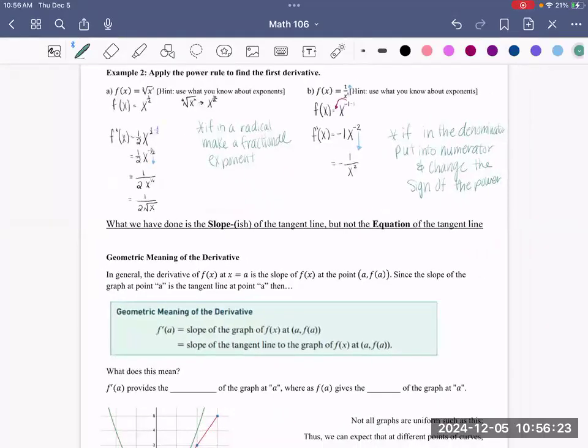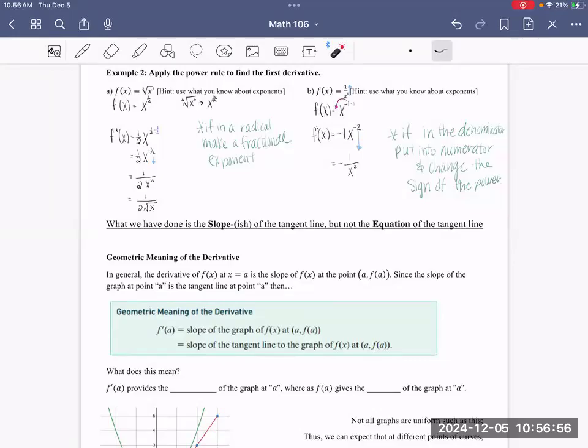So what we have done here in this process using the power rule is kind of finding the slope in a way of your tangent line. Now, how is that possible, right? It's not an equation of a tangent line. However, when we're ready, we're going to find a point that we want to locate on your function. And then using that point, we can go ahead and find the equation of your tangent line.